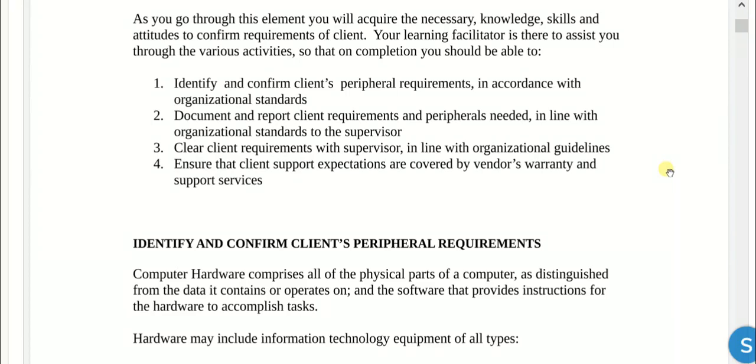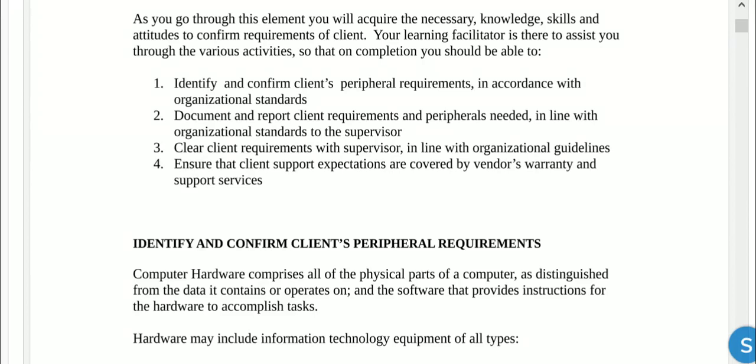So therefore you would need to ask your client what type of duty is expected to be carried out in that particular office, and what type of equipment they would need in order to carry out those functions.